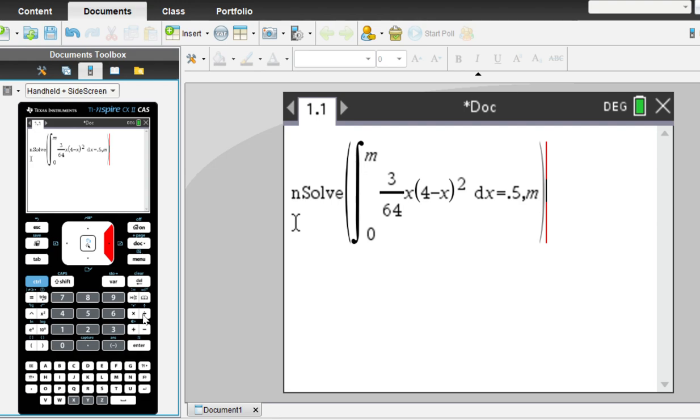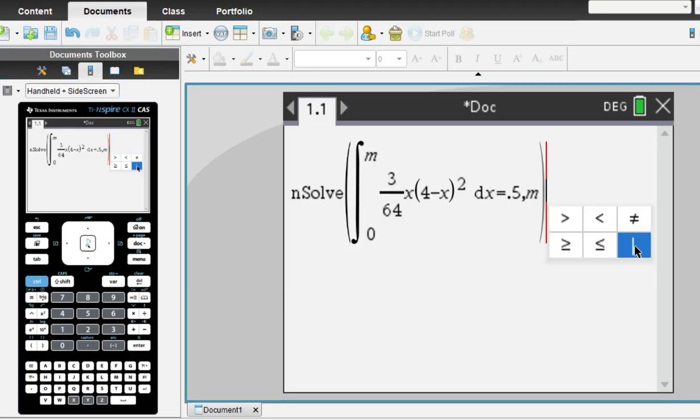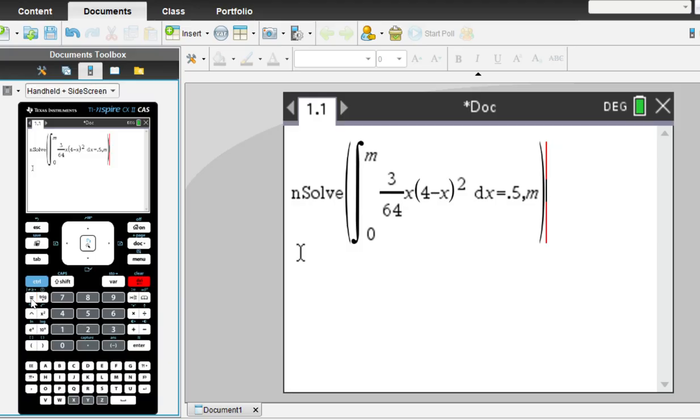Now outside the brackets, if you hit Control equals, it opens up these inequalities, and this is the "given that". We do want to use it. So we want this solved given that, remember, m is between 0 and 4.